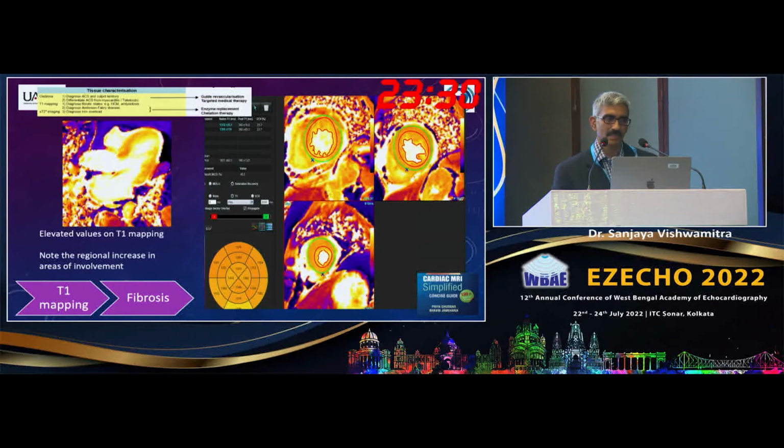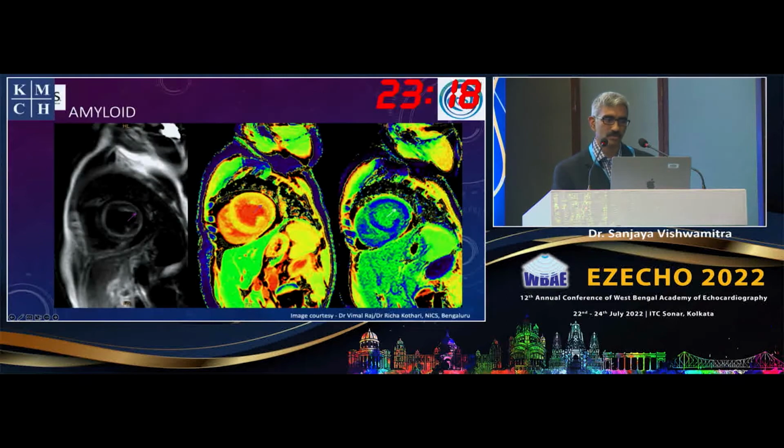So this is something which we call tissue characterization. And this might be able to help us assess, for example in chelation therapy, if you're using T2 mapping, or T1 mapping to find those areas of increased abnormality.